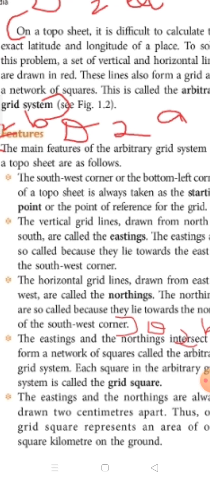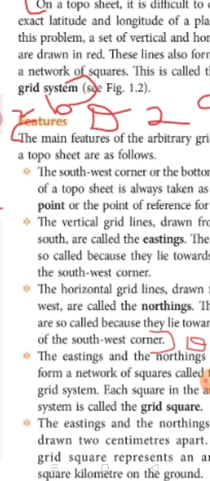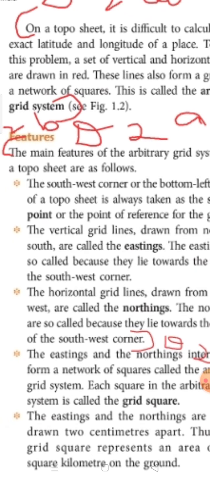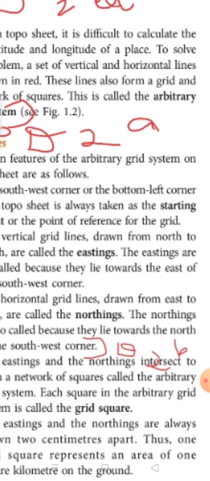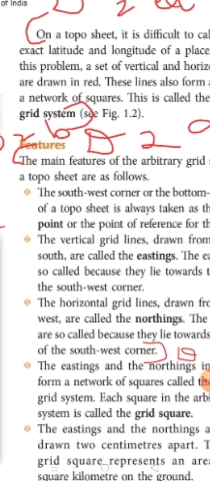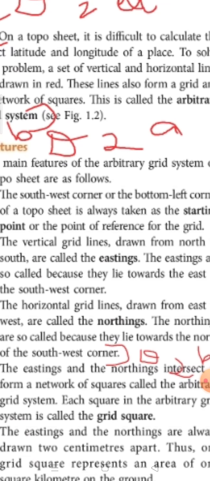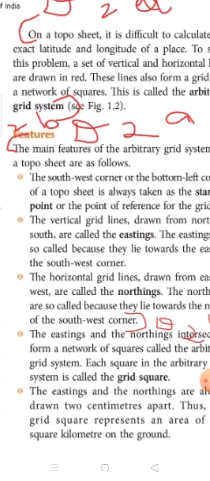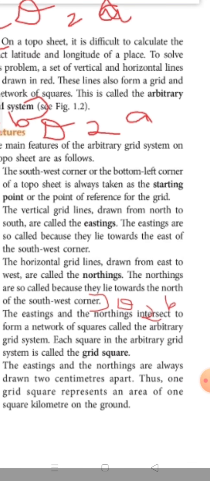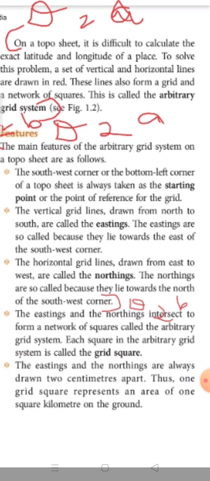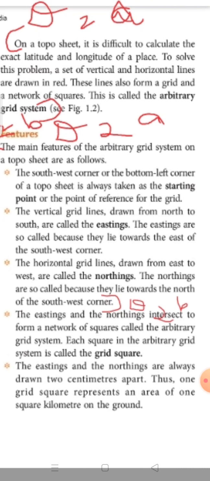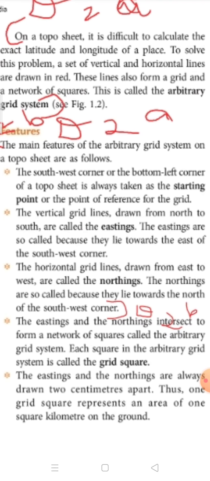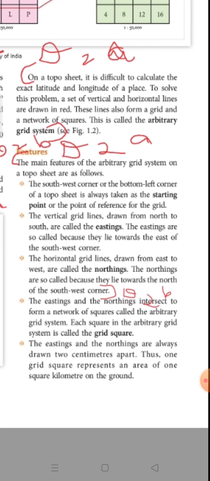The vertical grid lines drawn from north to south are called the eastings. The eastings are so called because they lie towards the east of the southwest corner. The horizontal grid lines drawn from east to west are called northings. The northings are so called because they lie towards the north of the southwest corner.